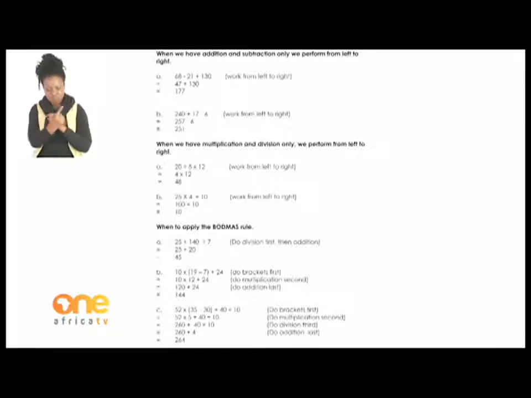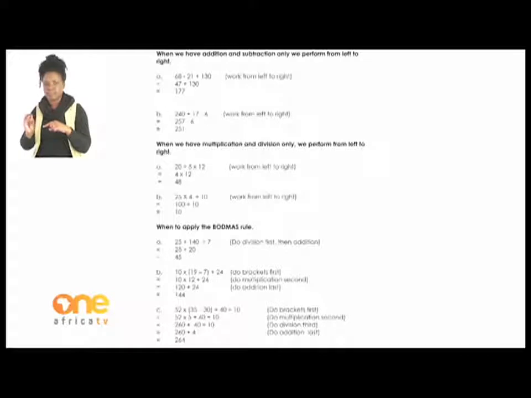Let's try example B. 25 times 4 divided by 10. Here the multiplication is first, so work from left to right. So we do the multiplication first. 25 times 4 equals 100, divided by 10.